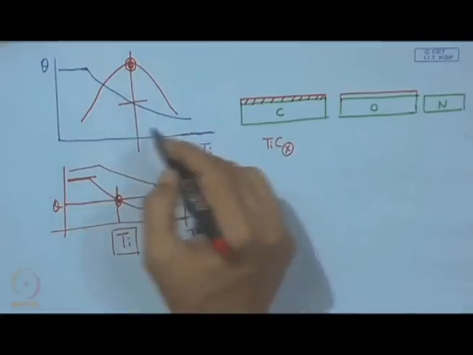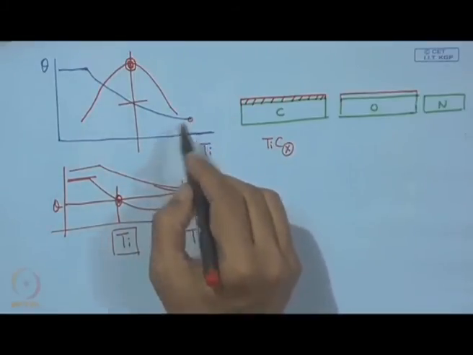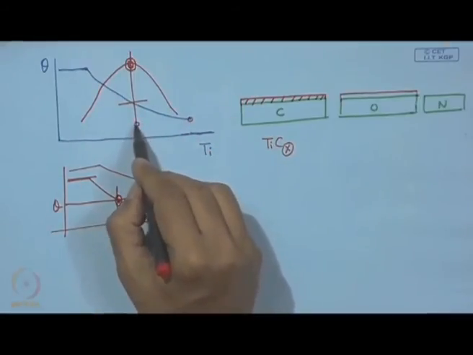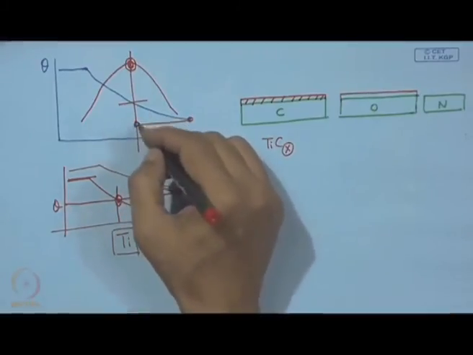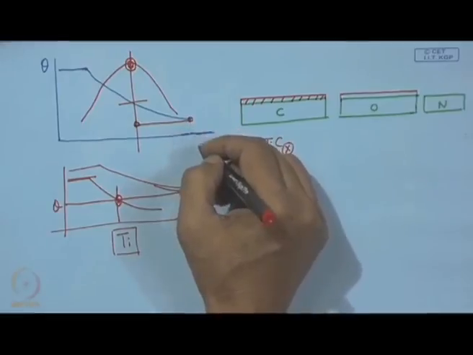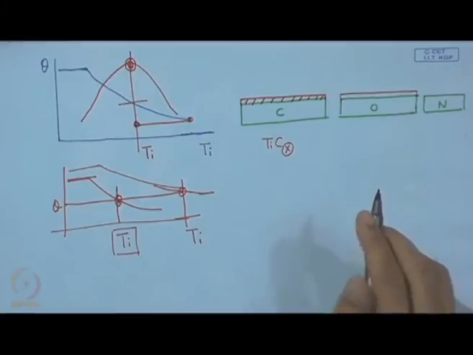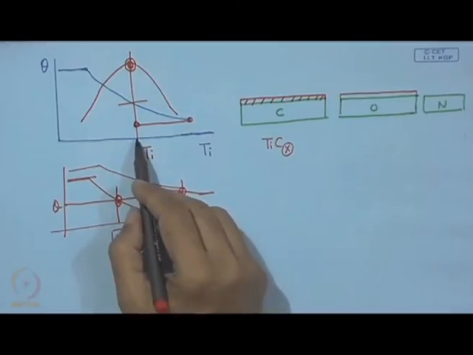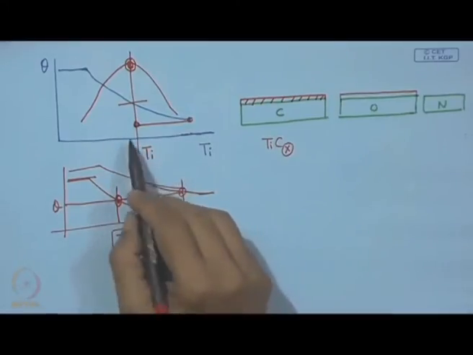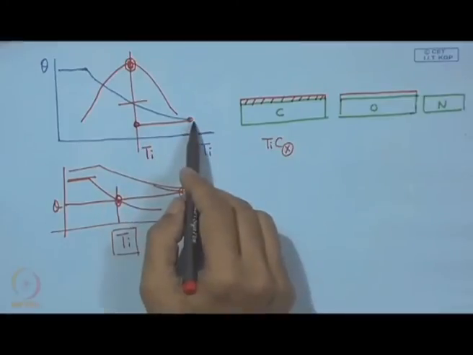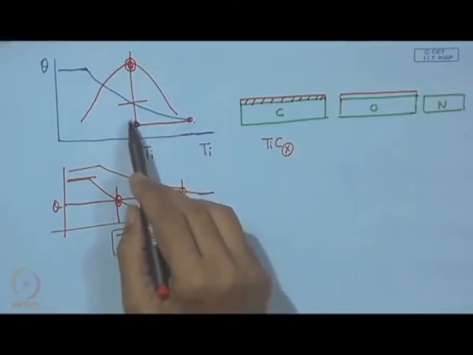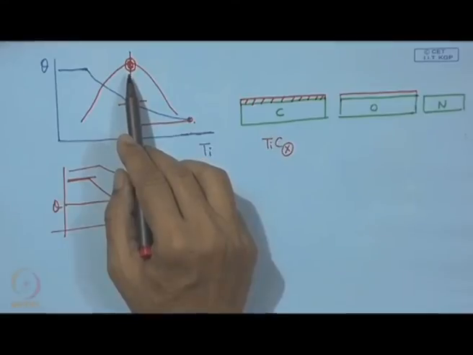So, in this graph, if this is our satisfactory wetting, this point must be shifted here and we must be able to find a proper formulation of the alloy, so that with a small amount of titanium we can get the same level of wetting, but without sacrificing the bond strength.